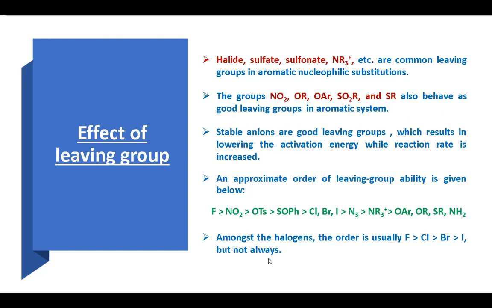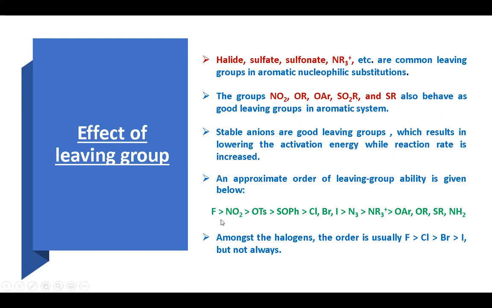But groups like NO2, OR, OAr, SO2R, and SR, which are generally not lost in aliphatic systems, are good leaving groups when attached to aromatic rings. Stable anions are good leaving groups, which results in lowering the activation energy, while the reaction rate is increased. An approximate order of leaving group ability is given below.